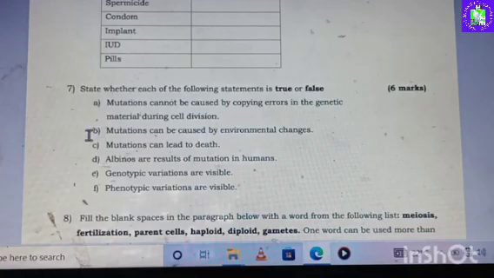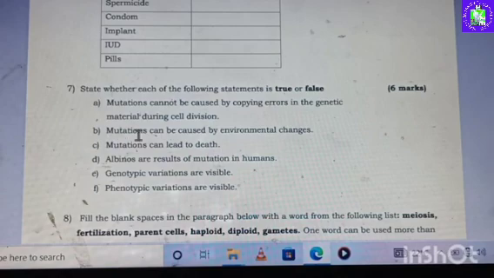When you say mutation, it is a permanent change of DNA sequence. The correct answer here is false, because a mutation can be caused by an error in the genetic material during cell division.